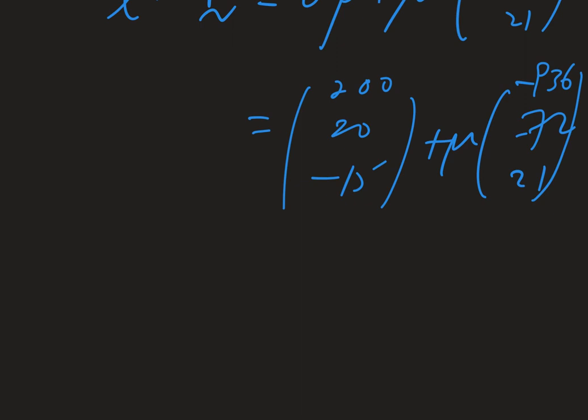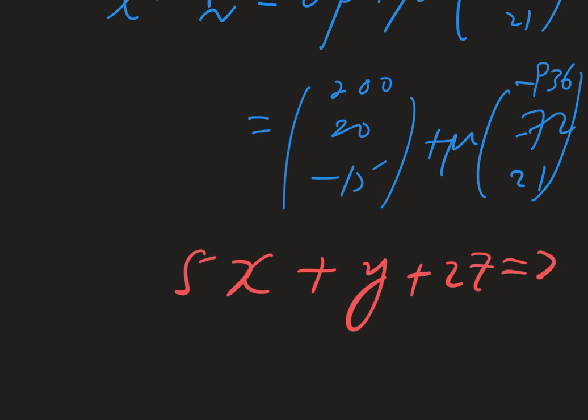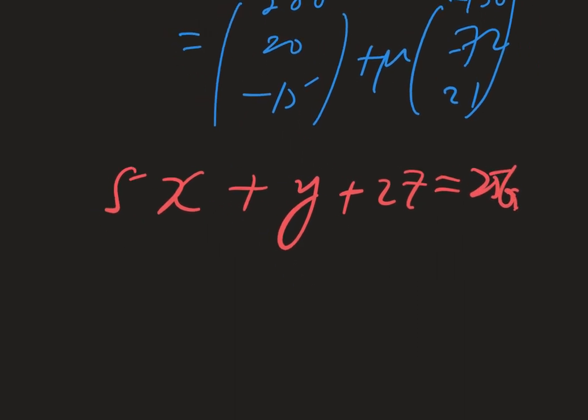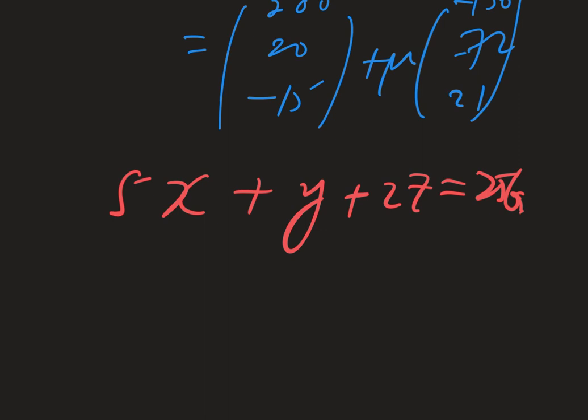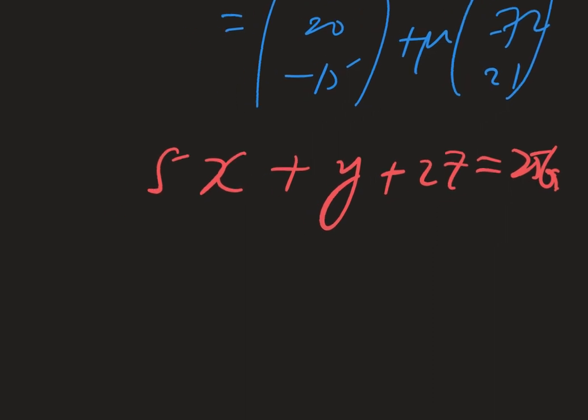However, just now we have found that the plane equation is this. So what we need to do is solve these simultaneous equations. So we can see that 5 times x, we just substitute the x here.